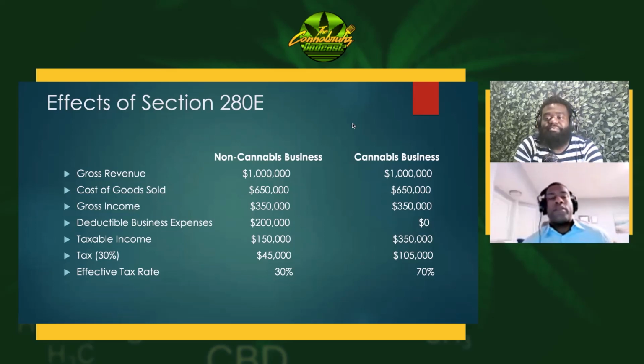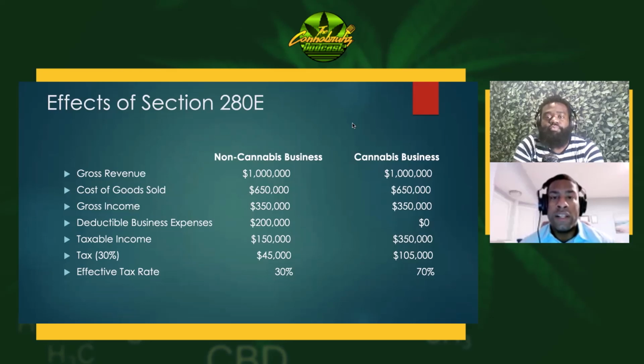All right. So this ice cream shop is doing extremely well, and they made $1 million in gross revenue. When you look at their cost of goods sold, it comes out to $650,000. If you don't understand cost of goods sold, watch our Champs game revealed, where we break it down.